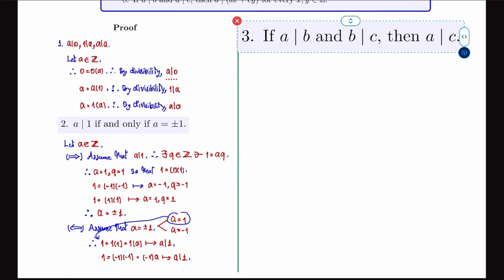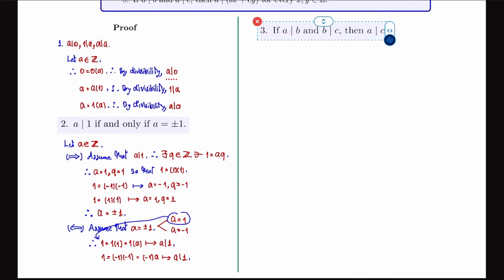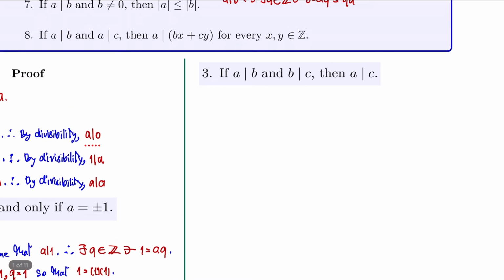The third property. We let a, b, and c be integers. And then I assume that a divides b and b divides c.